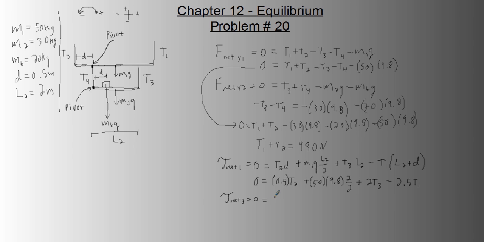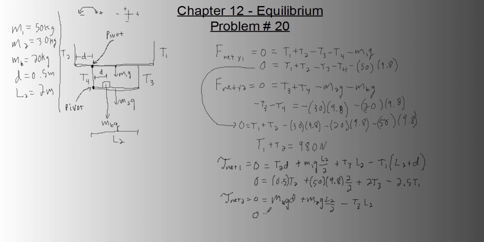So it's going to be M1 G D, because this block is a distance D from the pivot, plus M2 G L2 over 2, because the weight of the bar acts at the center of mass, which is halfway down L2, minus T3 L2. And we know everything except T3, which is nice.